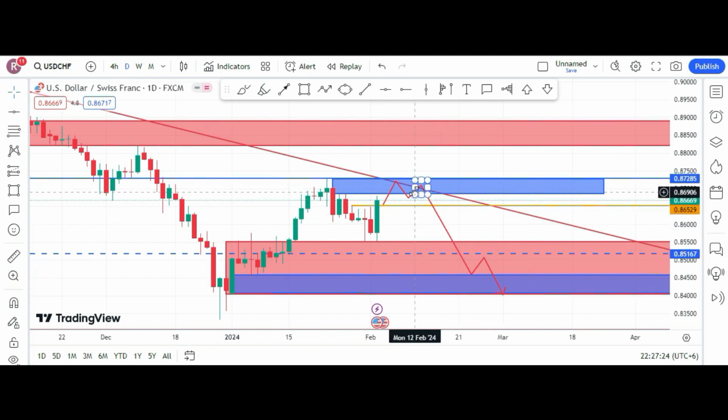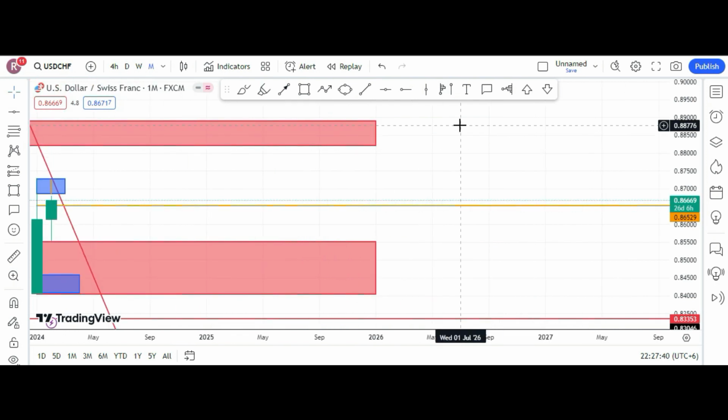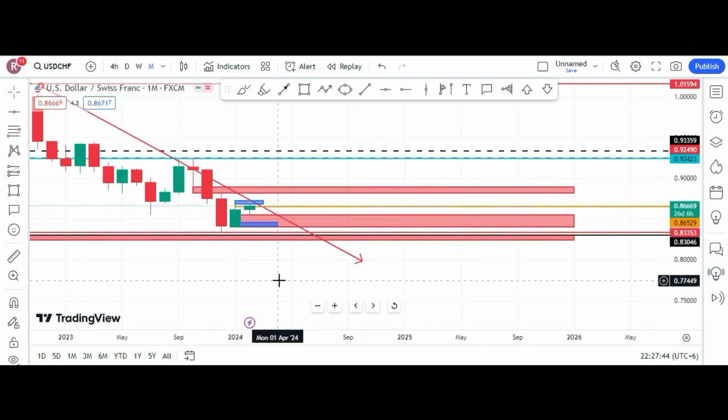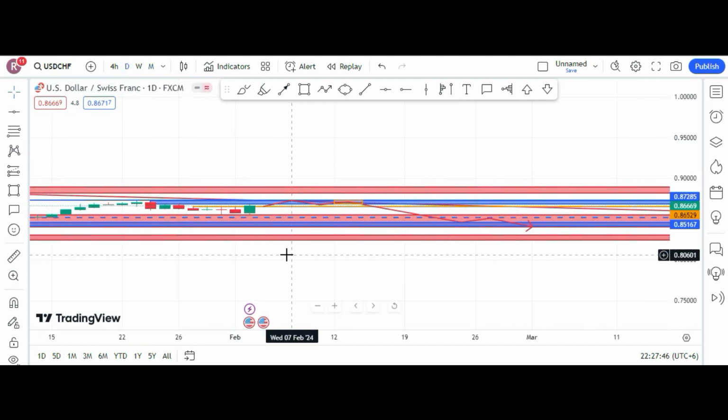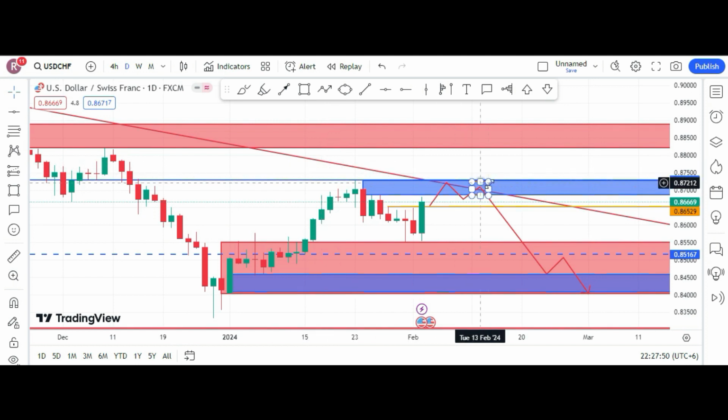So I will wait, and give a stop loss a little bit higher than this imbalance, up to this. If it is taken out, I will wait to see if the candle prints beyond this line, because you guys can see this is a monthly trend line which is very strong. So in daily, considering that, this is the trend line I am watching.